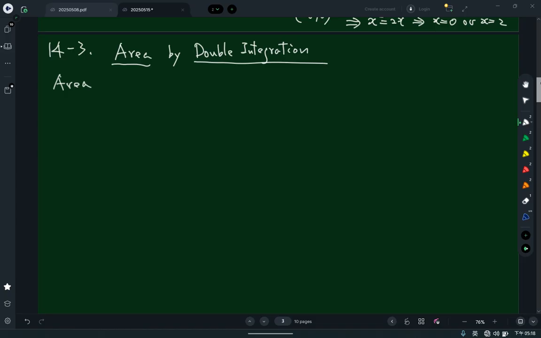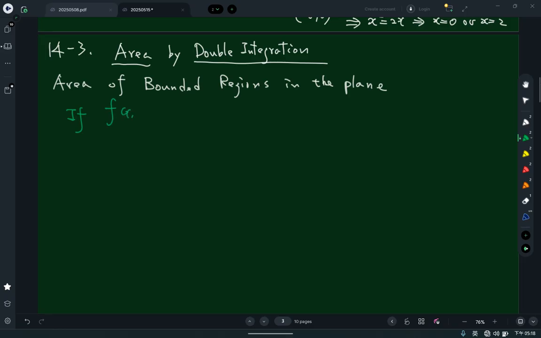So when we talk about the area of a bounded region in the plane, if we simply set f of x,y is equal to 1 over R, then all set, then the area is equal to the double integral on this R, first on 1, then dA.